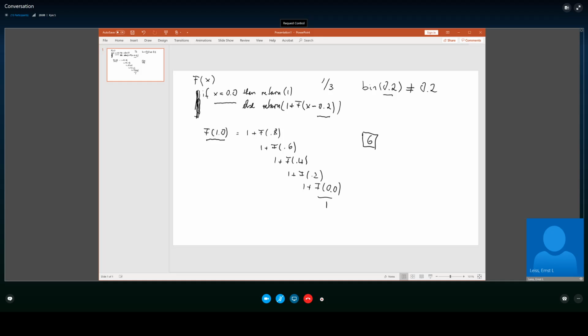And so the result of calling f of 1.0 is going to be a crash caused by the stack overflow. That is the result of the inability to hit the base case x equal to 0.